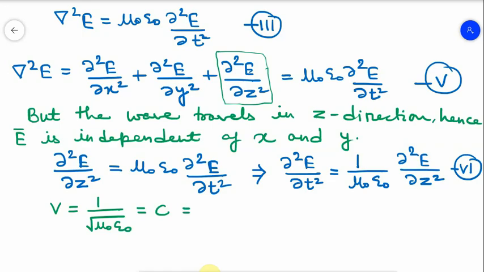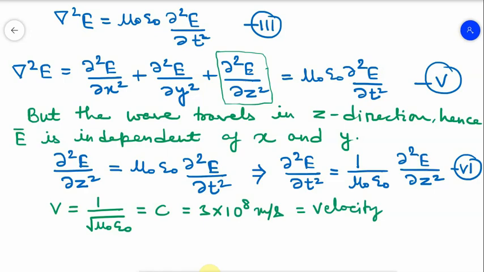C is equal to 3 into 10 to the power 8 meter per second. If you want to calculate, you can. You have the value of mu 0 and epsilon 0, and if you calculate 1 upon the root, you will get around 2.99, or 3 into 10 to the power 8 meter per second. This is the velocity of light.